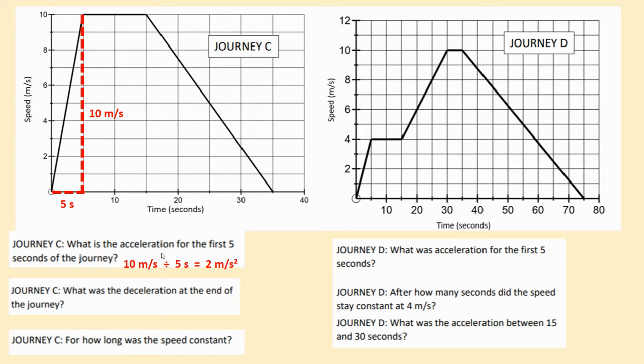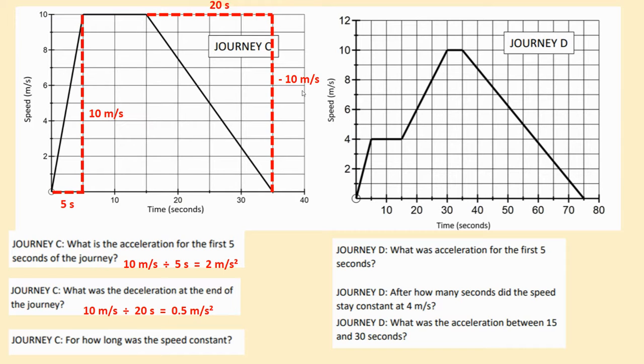If we then have a look at the next question, what was the deceleration at the end of the journey? This is the point that we're looking at here. In the last part of the journey, where it's the negative gradient, we travelled over 20 seconds. And if you think about it, we've gone down at that point, so it's minus 10 meters per second. However, we're asked to calculate the deceleration.